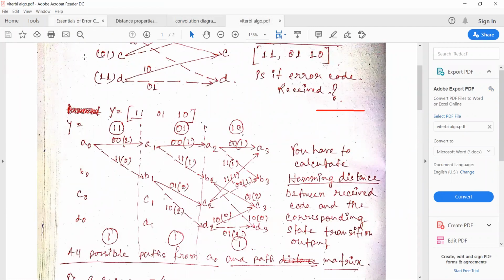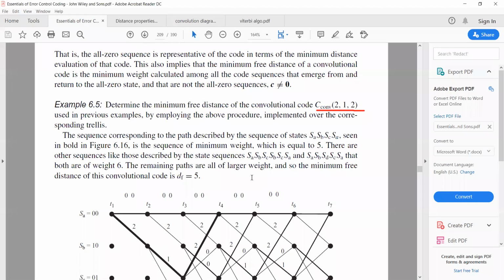Okay, then the thing is that the sequence corresponding to the path described by the sequence of the states, that is SA, SB, SC, SA, seen in the trellis.